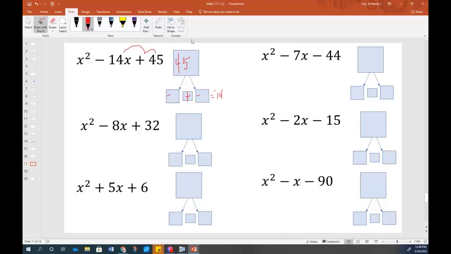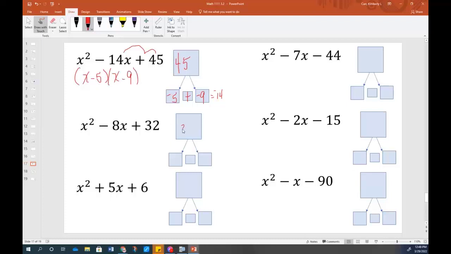So what multiplies to 45? 1 and 45? 2, no. 3 and 15? No. 4, no. 5 and 9. So you just have to go through until you find them. 5 times 9 is 45. Negative 5 plus negative 9 is negative 14. So now I have x minus 5 and x minus 9.